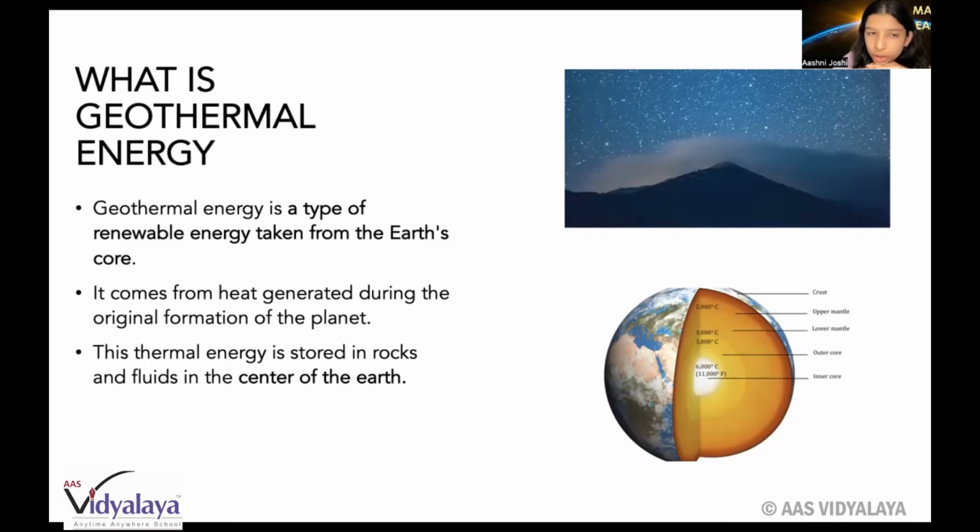And you might ask, why is the core so hot? Why is the core not really, really cold? Why isn't it minus 2,700 degrees Celsius? Why is it 6,000 degrees Celsius? The answer to this dates back to the Big Bang theory, how the universe came into being.